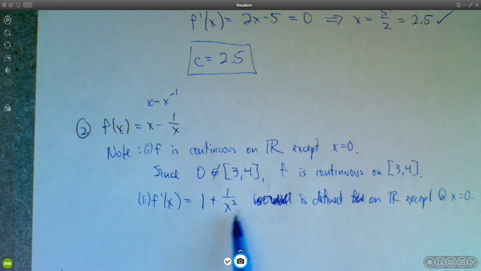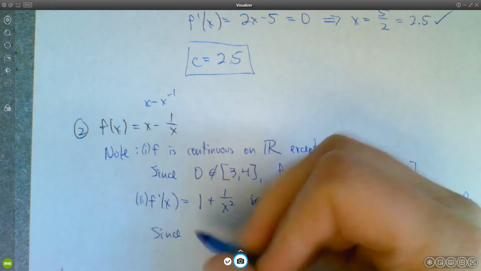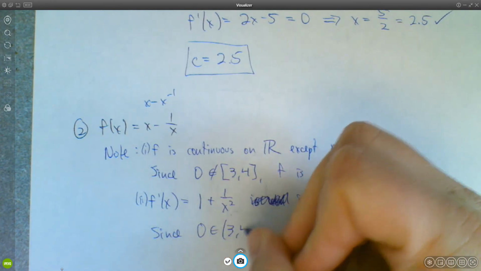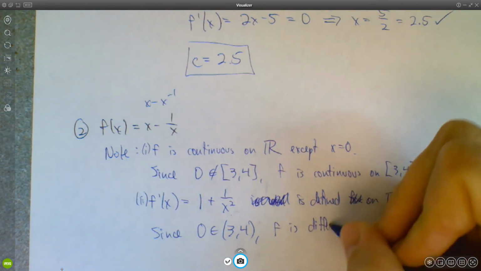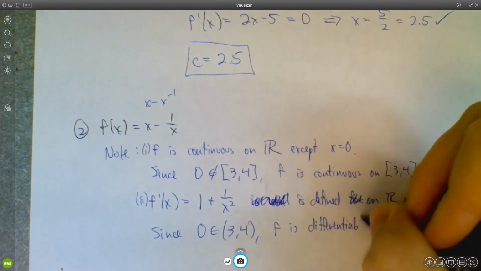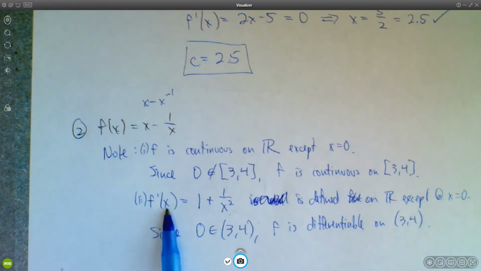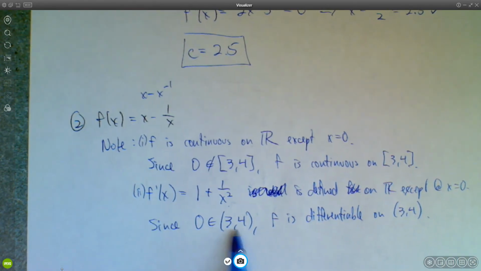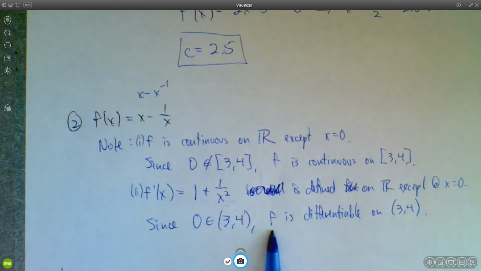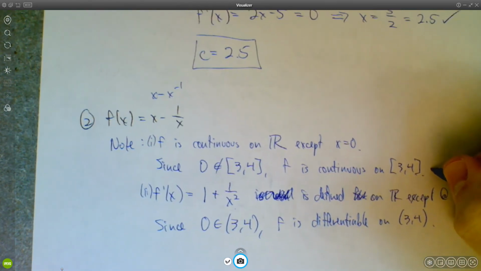But again, 0 is not in the open interval (3, 4), so we can say since 0 is not in the open interval, f is differentiable on (3, 4). So the derivative exists everywhere except at 0. In particular, the derivative exists on the open interval (3, 4), and therefore the original parent function is differentiable on (3, 4). Okay, so the conditions are satisfied, right? So those two conditions, check and check.